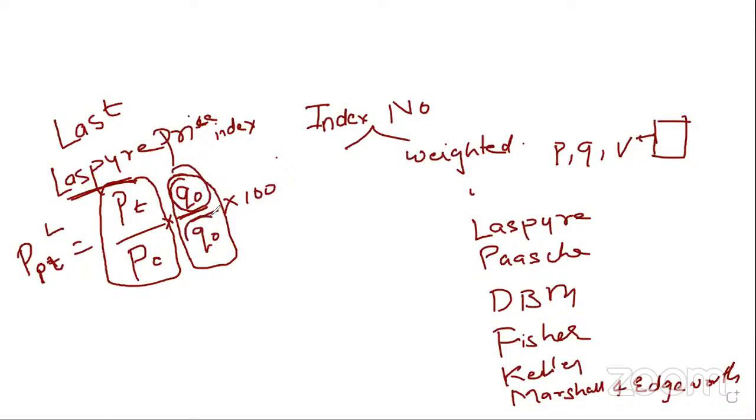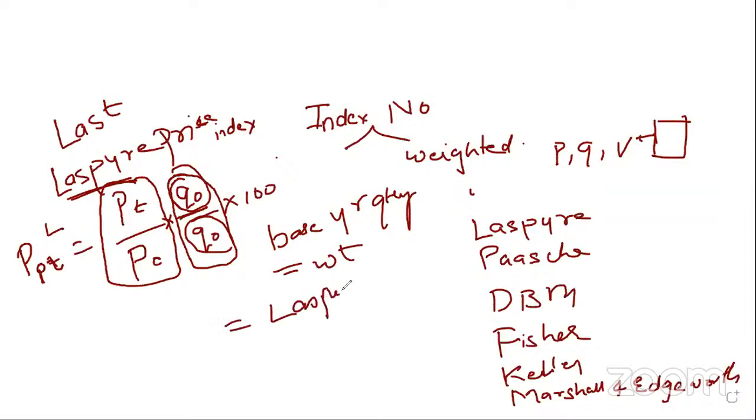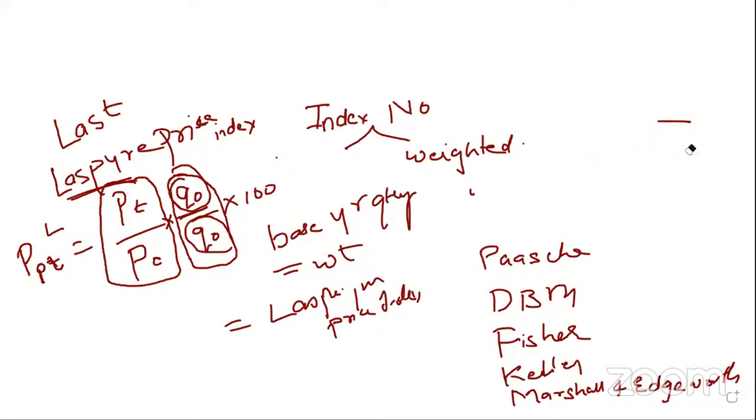So when base year quantity is used as weight, what you get is the Laspeyres price index. Any doubt here? I'll be deleting one by one. Any doubt, or shall I remove? Have you understood the Laspeyres price index?